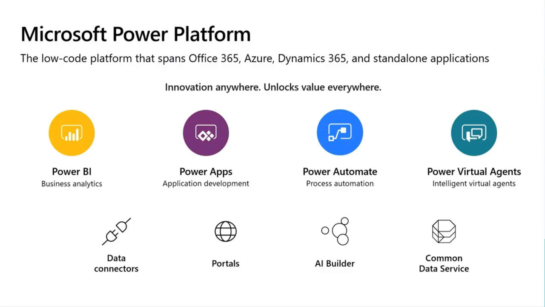In Power Platform, we build our applications without writing code using Power Apps. We use Power Automate for our digital processes and robotic process automation. We use Power BI for our data visualization and build chatbots to answer queries from your customer or employee needs using Power Virtual Agents, with up to 250 plus data connectors, which you can connect to your external and internal data and bring it to your application, utilizing the Common Data Service and infuse it with AI using AI Builder.